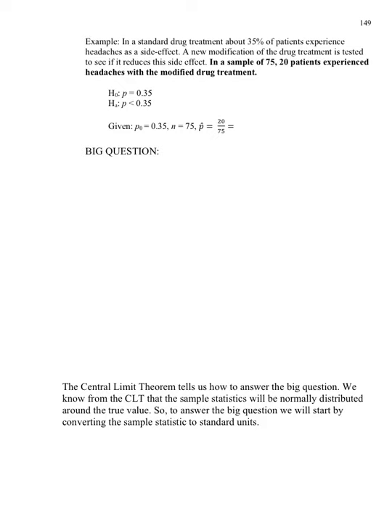So what have we been given? First of all, we have a new symbol here, and that's p with a subscript of 0. And that comes from the null hypothesis.